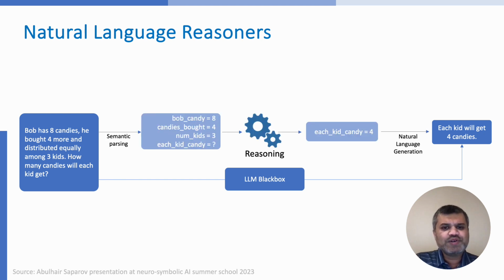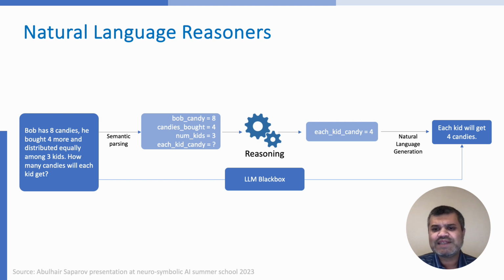So in traditional systems, we first used to do semantic parsing, where we understand all the entities. So Bob candies, and candies bought, and each kid's candy is the question mark, and we need to find out. And then we used to use symbolic reasoning engines to come up with the missing information.